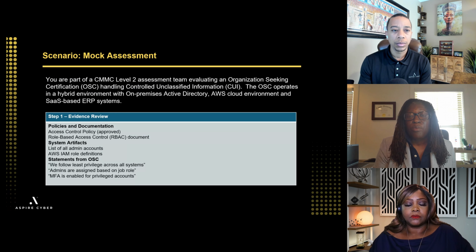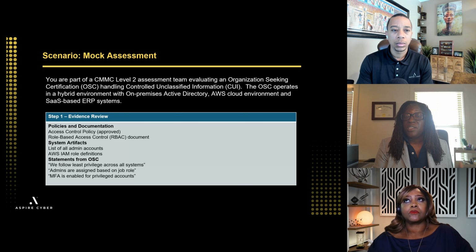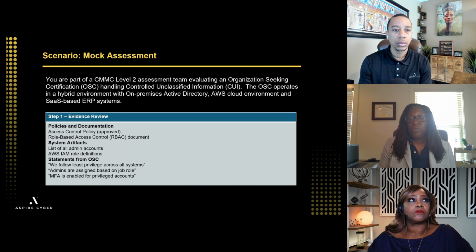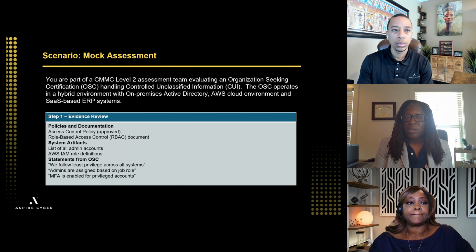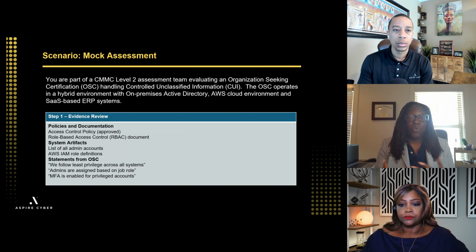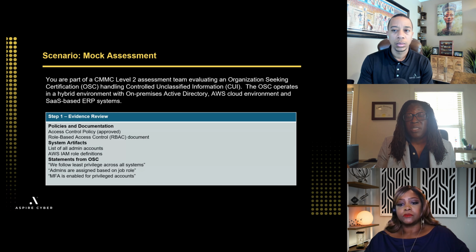This is a great approach for when you as an assessor are sitting down with that OSC. Where do you start? What's the first thing you even inquire about? When you are in that collaborative phase one of the CMMC assessment process, the first thing you want to do is gather as much evidence as you possibly can.